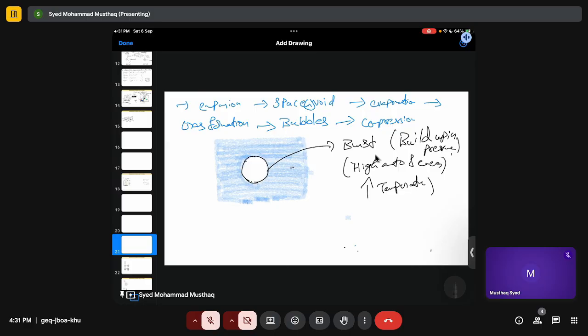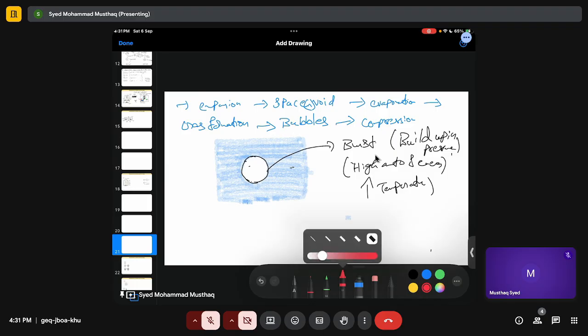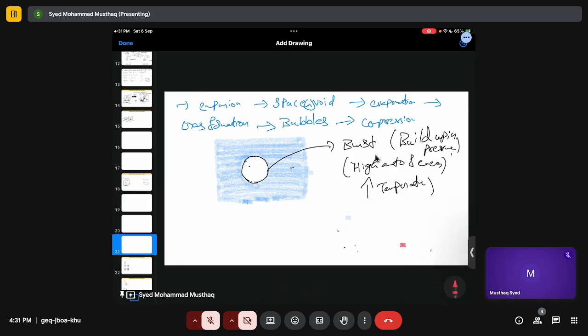So at this zone, wherever the bubble bursts, you have very high temperature.